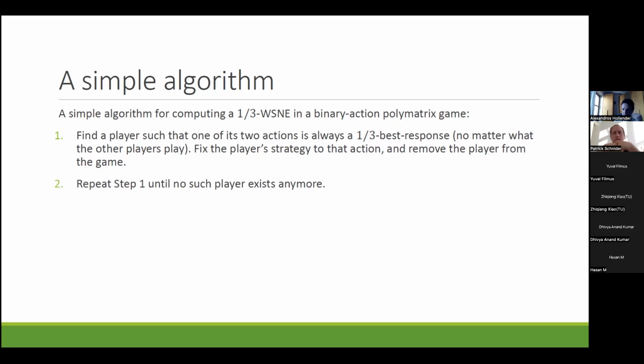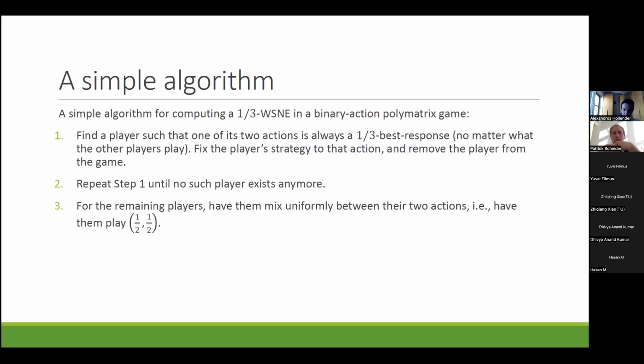At some point, we won't be able to find such players anymore. In fact, even at the very beginning, maybe such a player does not exist. So what would you do once you get to a game that doesn't have such players anymore, where you cannot remove any players by having them play a pure strategy? Then you just let all the remaining players mix uniformly. So they play action 0 with probability 1/2 and action 1 with probability 1/2 as well.